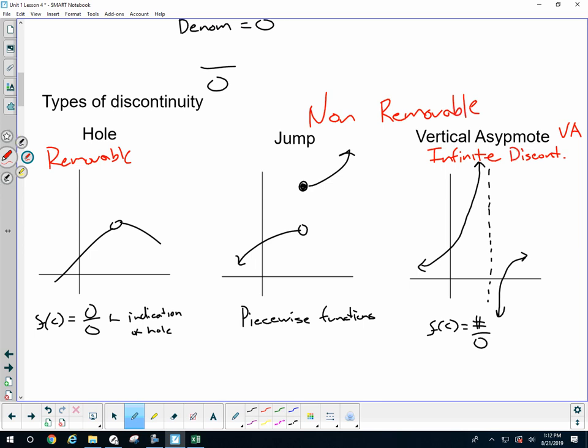Okay, now, the reason this is removable is because if I just had a point, I could just fill in this dot and all of a sudden I have a function value that would be equal to the limit that I already have. Okay, so this removable discontinuity has a location.